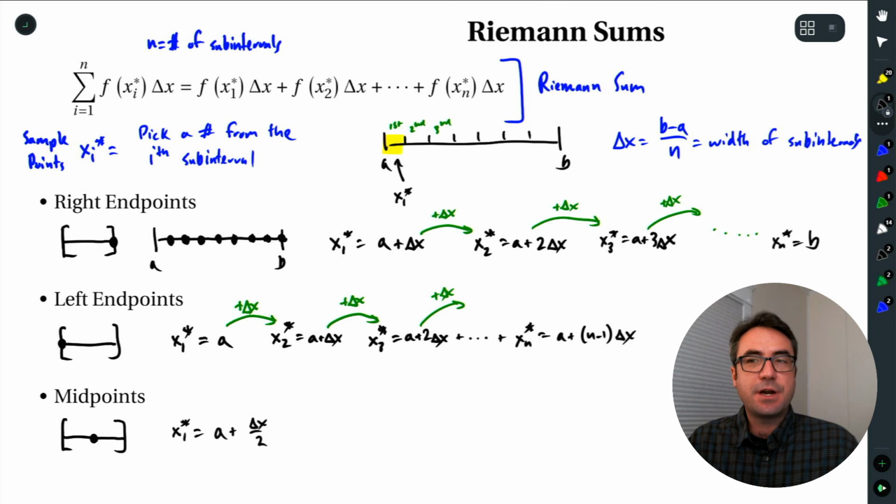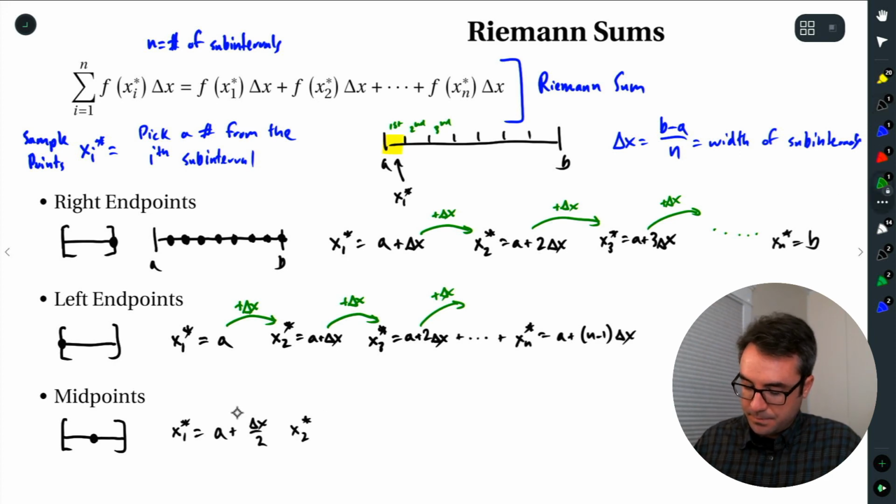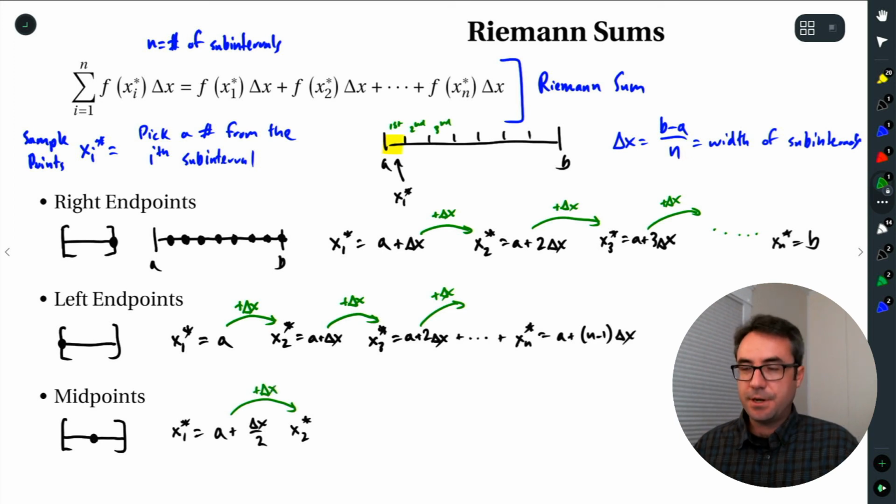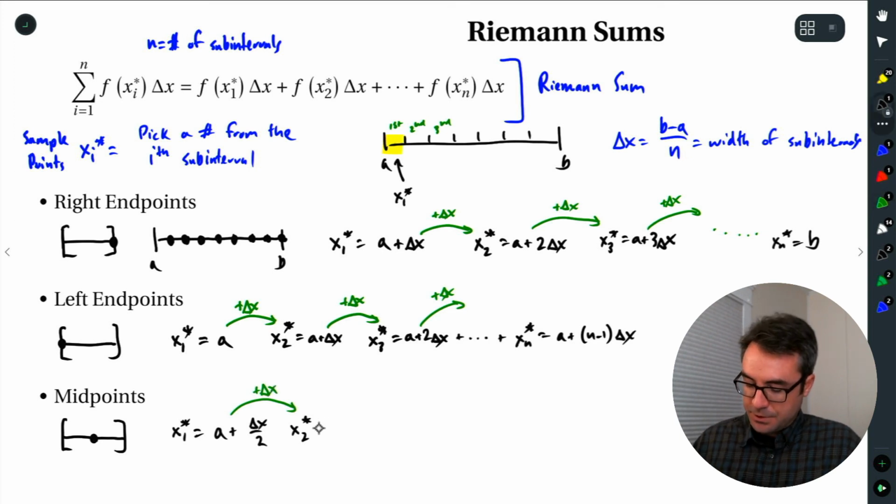Once we have our starting value, the way to get the rest of them is you just keep adding delta x's. So to get x2 star, we take A plus delta x over 2 plus delta x.